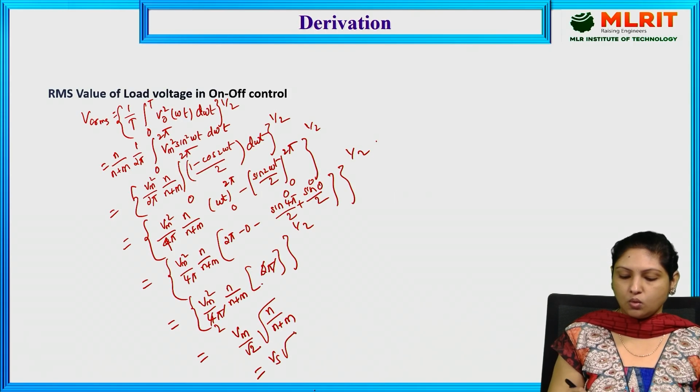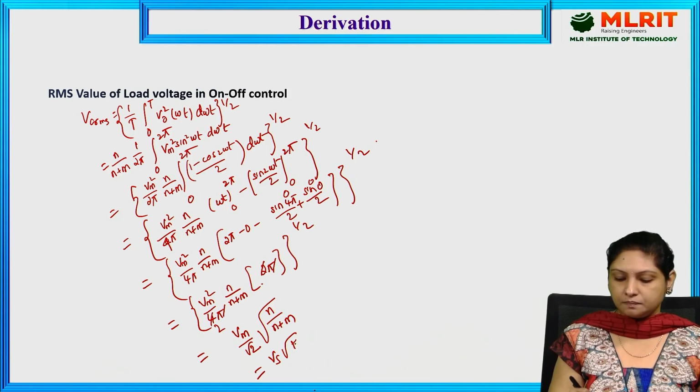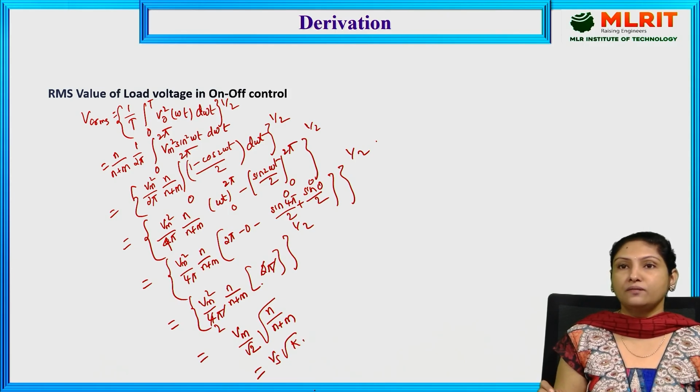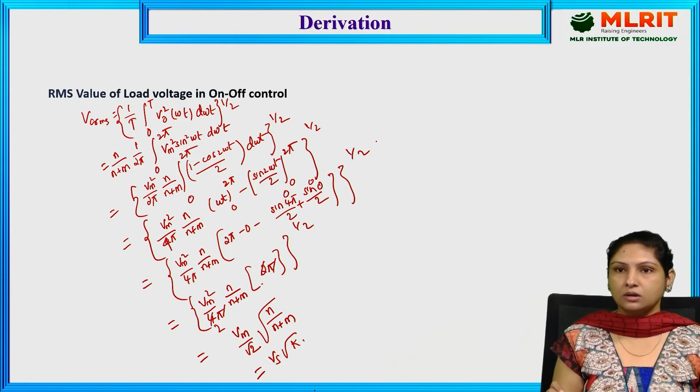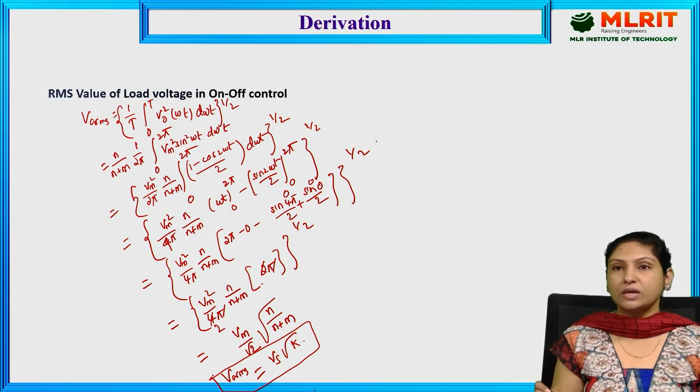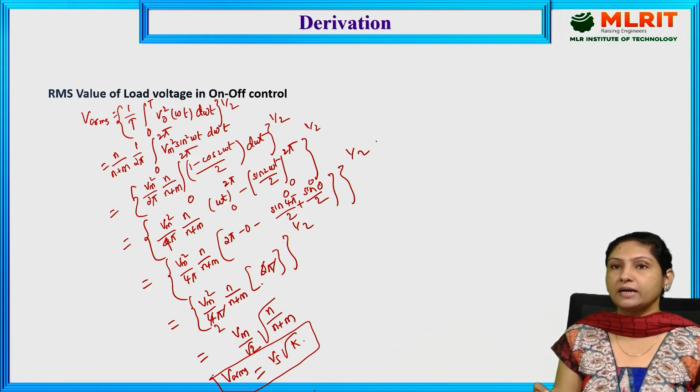Let me write n by n plus m as K. So for a single phase full wave controller, the V0 RMS expression is Vs under root K, where Vs is the source voltage and K is equal to n by n plus m.